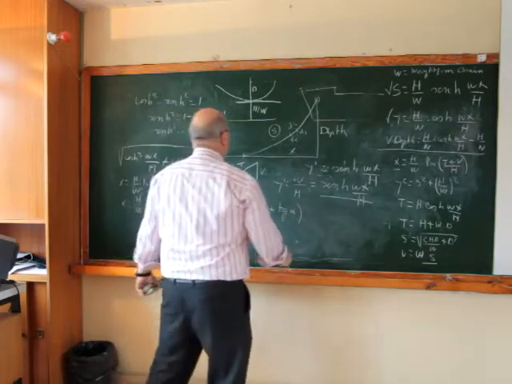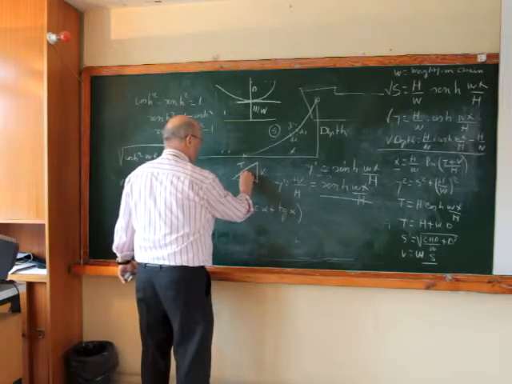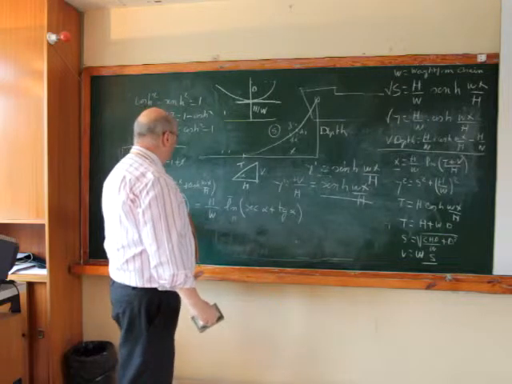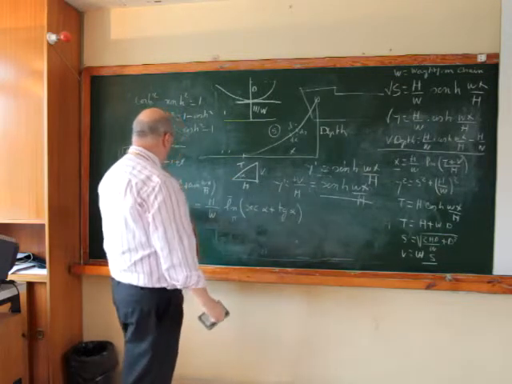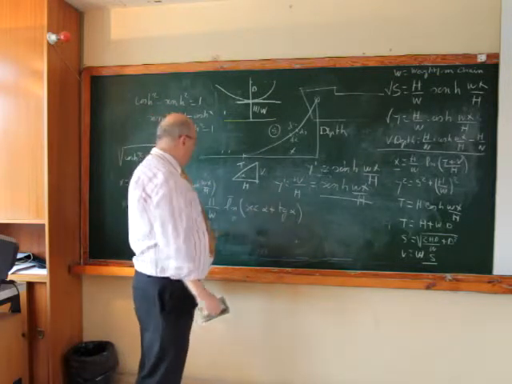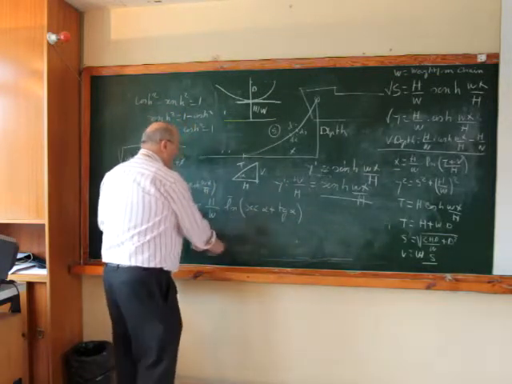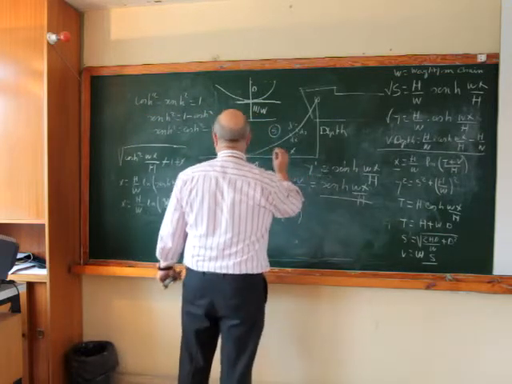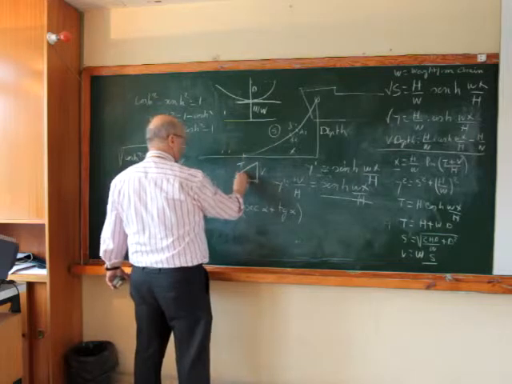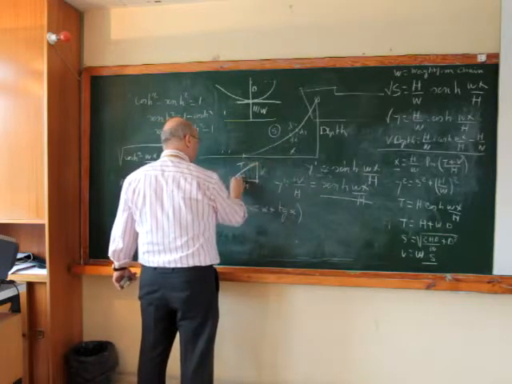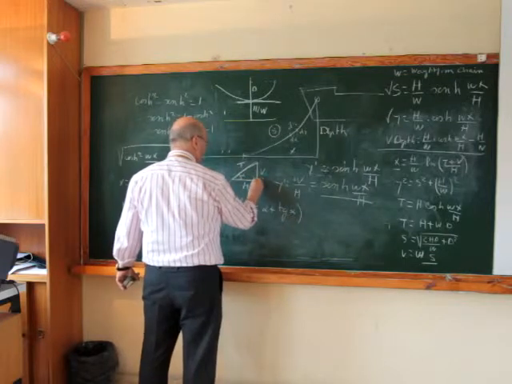If this angle is alpha, it's easy to see that B divided by h is the tangent, and it's also easy to see that T divided by h is the secant. So in case that we know the angle of tension, the angle between the chain and the horizontal, that is quite easy to find out.